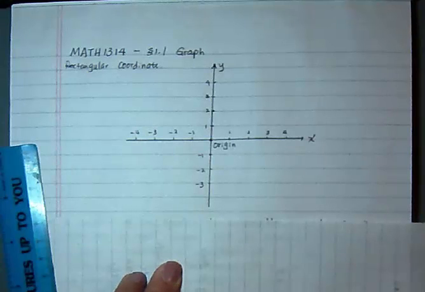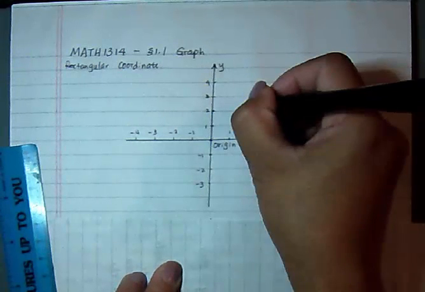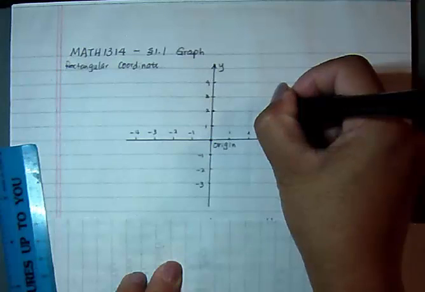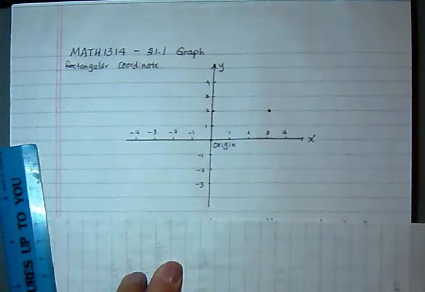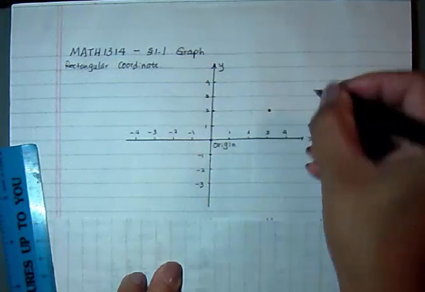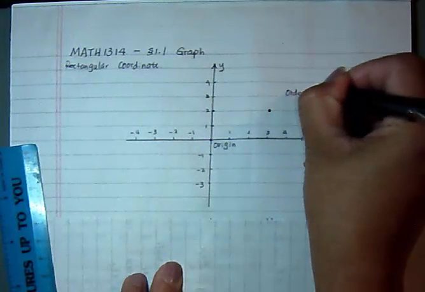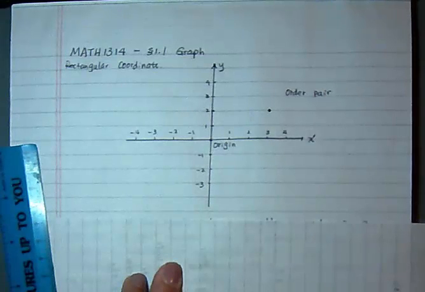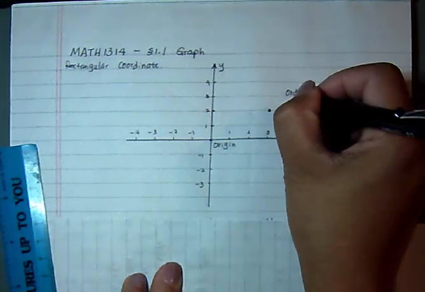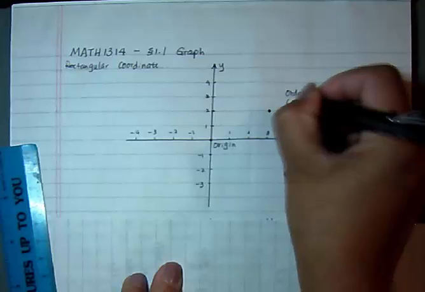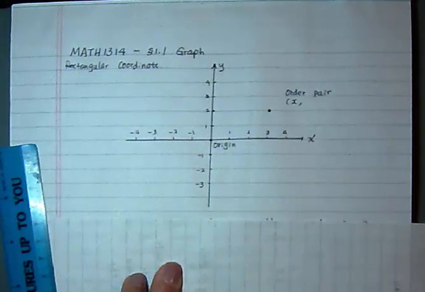To represent a point on the xy or rectangular coordinate system, we use an ordered pair. It's a pair of numbers, and they are in order. The first one is x, which is the distance from 0 to that point horizontally.